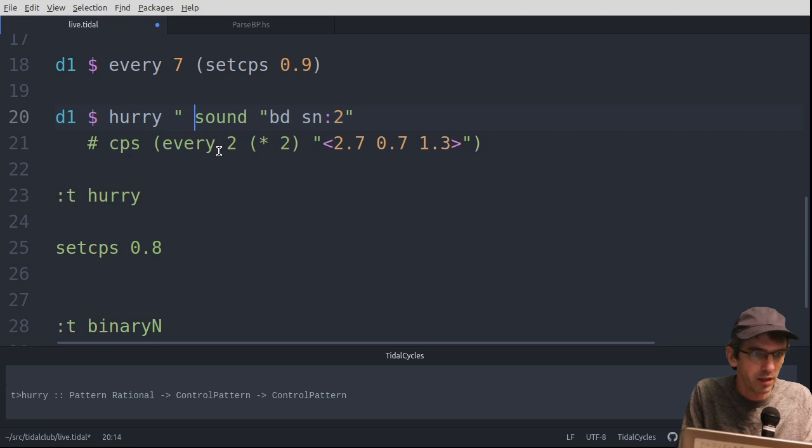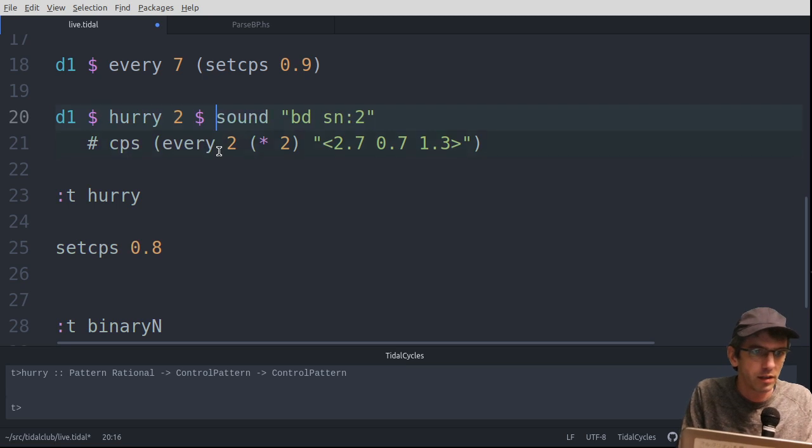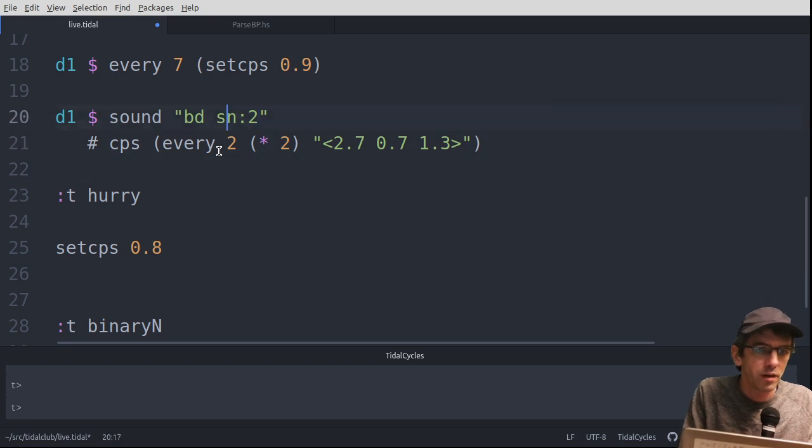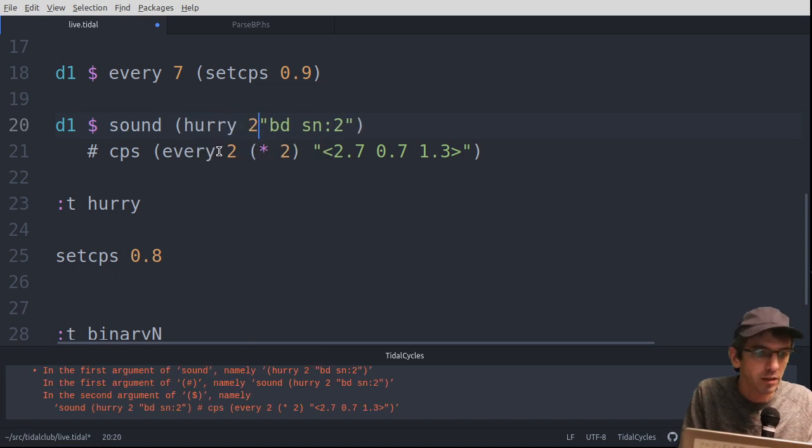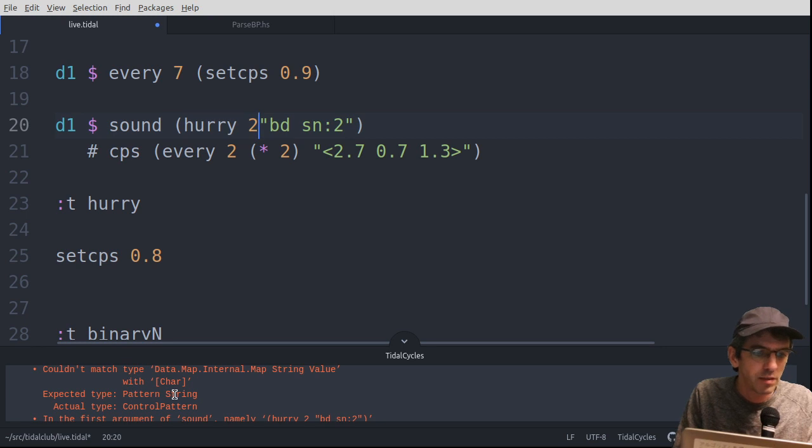So it'll work here. But it won't work on this pattern here because this hasn't been turned into a control pattern yet. So if I put hurry here, it'll complain, oh no, it's expected a pattern of strings, but it's got a control pattern. It's just got very confused.